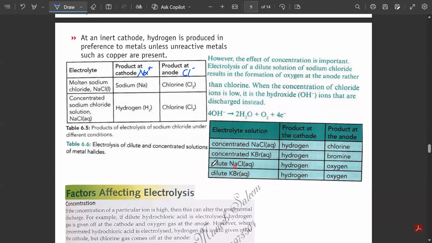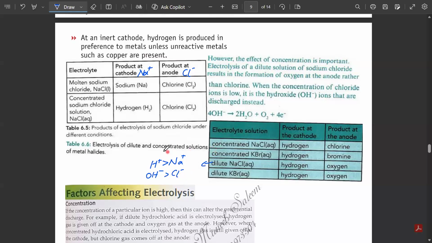But if we use the dilute NaCl, it used to have more hydrogen ions as compared to the sodium ions, and more hydroxide ions coming from the water as compared to the Cl negative ions.